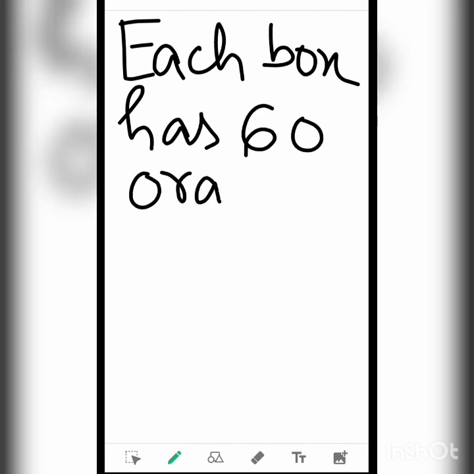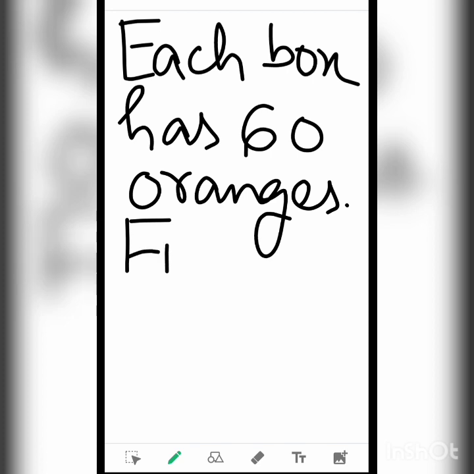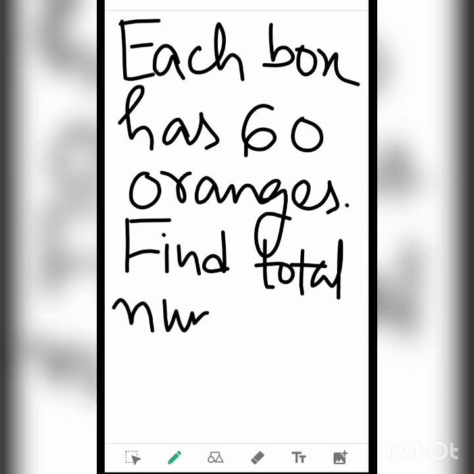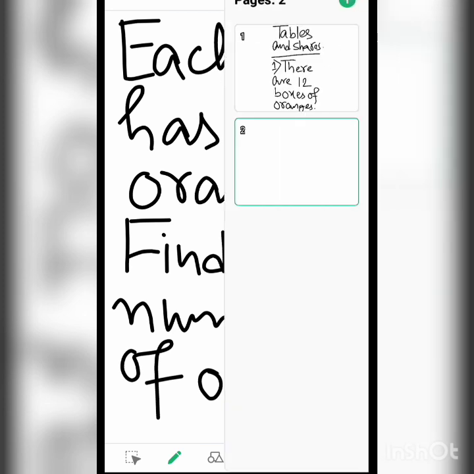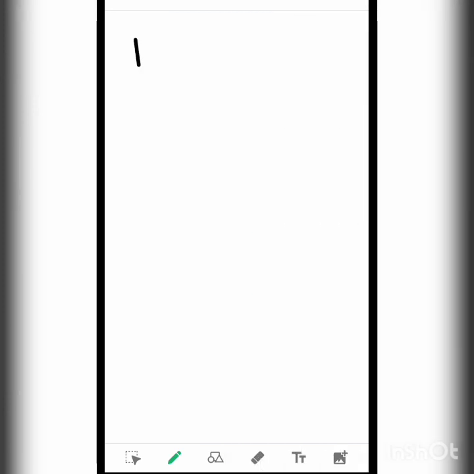There are 12 boxes of oranges and each box has 60 oranges. You have to find the total number of oranges in 12 such boxes.